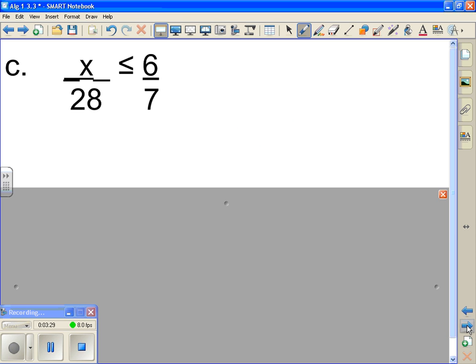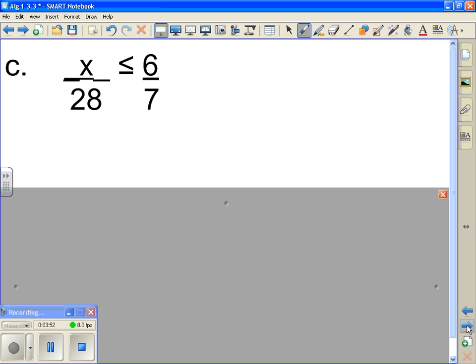All right, I'd like you to multiply to solve for x in this one. I'll give you a little over half a minute to solve this. It's okay.